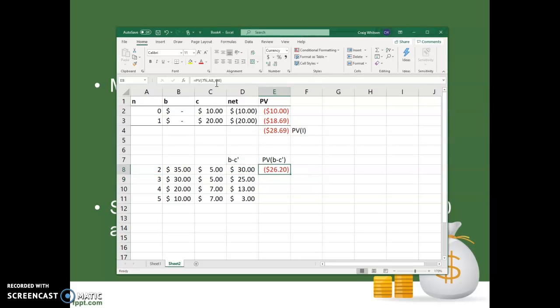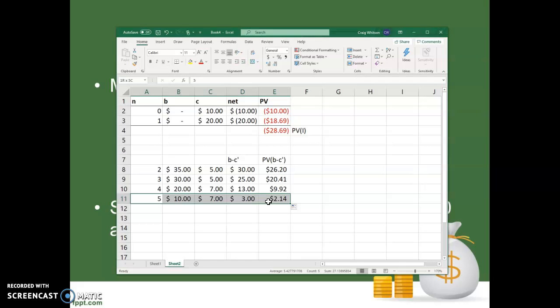And I don't want that to change signs. My net cash flow in year 2, I'm receiving $35 in benefits with only $5 in cost. So that's a positive 30. So this is a positive 26.2, the present value of the net cash flow from year 2.